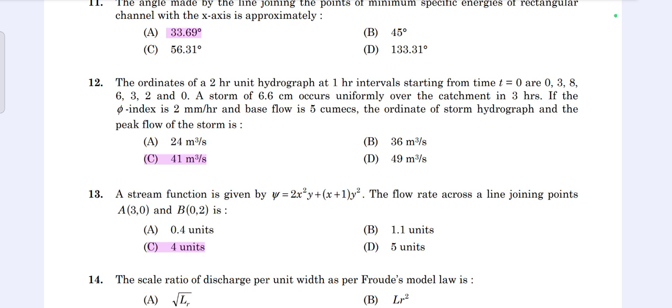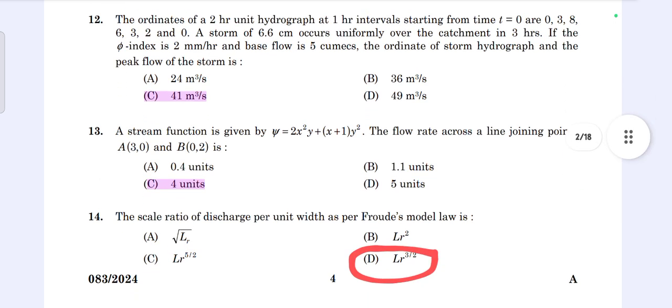A storm of 6.6 cm occurs uniformly over the catchment in 3 hours. If the phi index is 2 mm per hour and base flow is 5 cumec, the ordinate of storm hydrograph and the peak flow of the storm is 41 meter cube per second. A stream function is given by psi equal to 2x square y plus x plus y square.